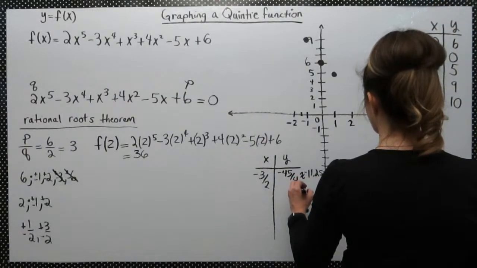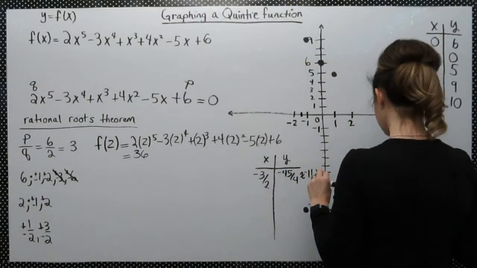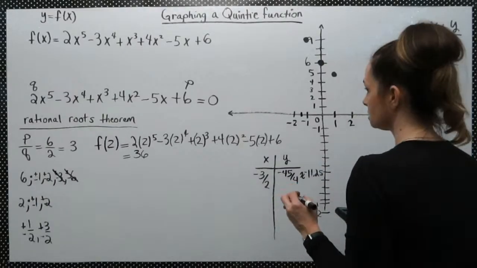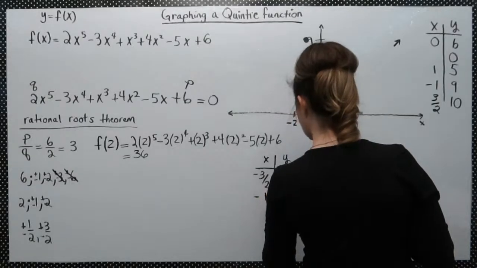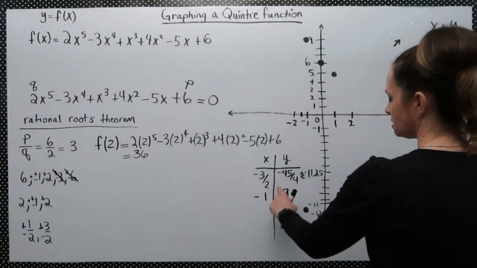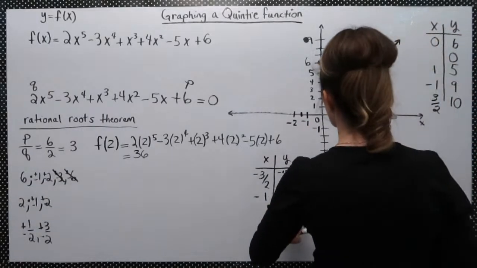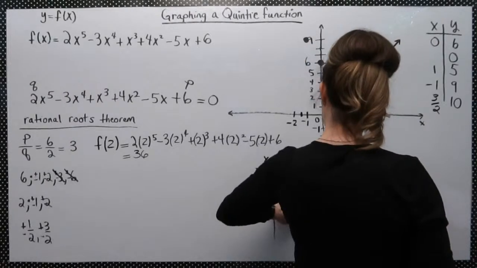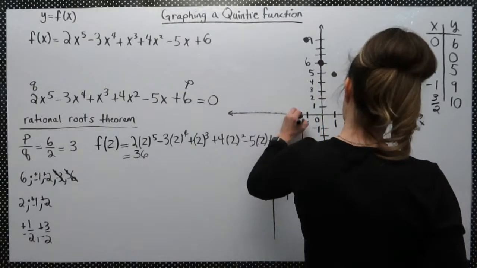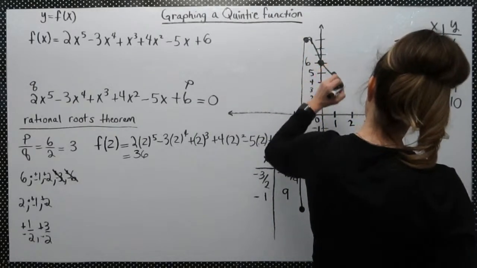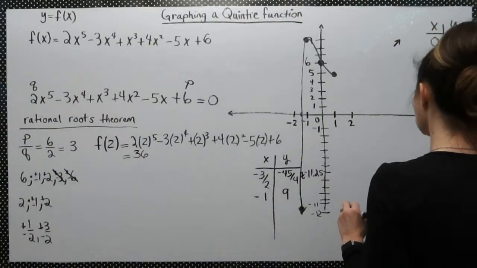So we have an intersection in here somewhere. Because, let's see, negative 1, I'm at 9. So since I've gone from positive to negative, then in here somewhere I have a crossing. So we'll scoot it over just a little bit. But I have this kind of thing going on. Good, already getting a good sketch of this graph.